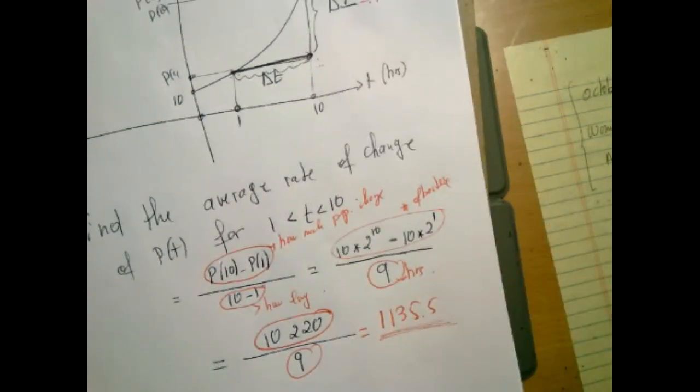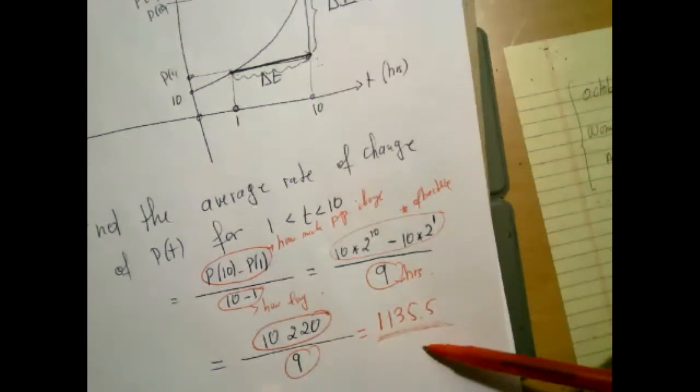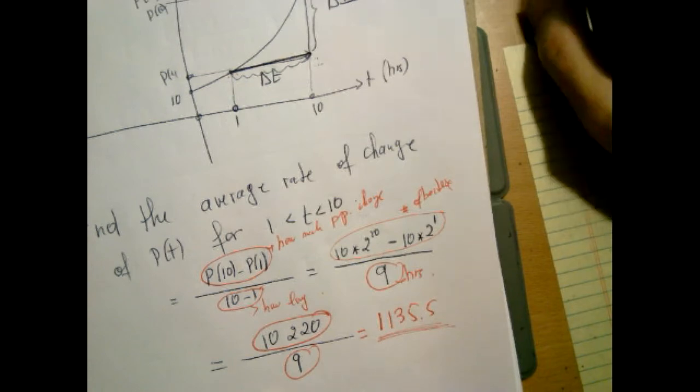It's crucial. So when I take the change of population over change in time, I got the number. What does this number mean to you? Quick, I want answers. Bacteria per hour, it means on average.